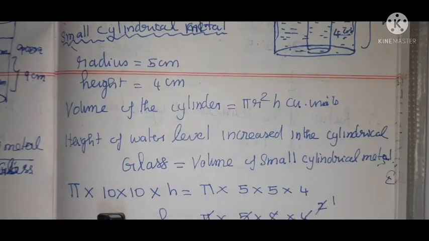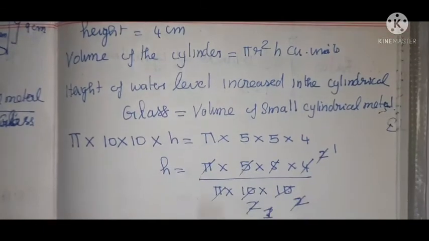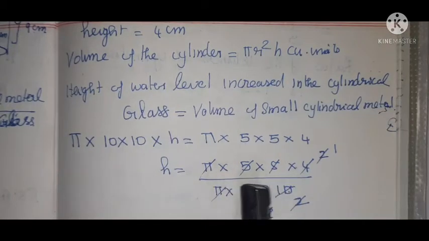Pi into radius of the cylindrical glass is 10, 10 into 10 into h is equal to pi into radius of the cylindrical metal is 5, 5 into 5 into height is 4. h is equal to pi into 5 into 5 into 4 by pi into 10 into 10.